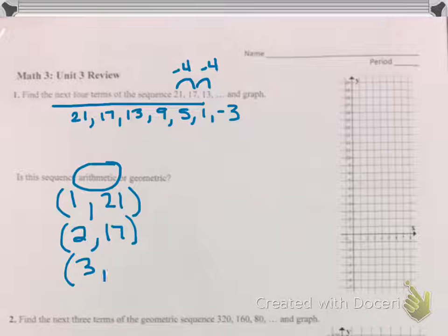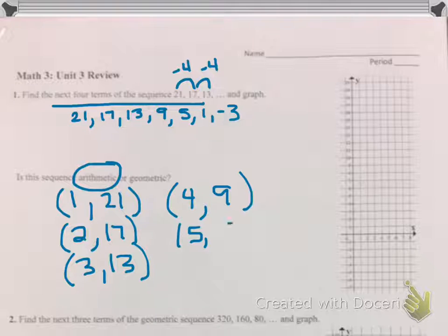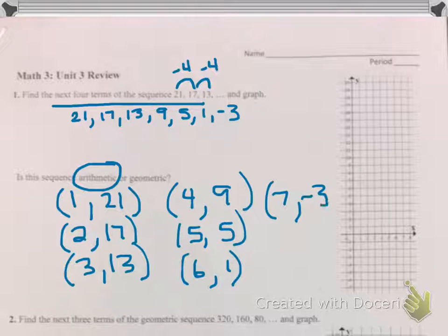You have your third term, whose value was 13. Your fourth term, whose value was 9. Your fifth term, whose value was 5. Your sixth term, whose value was 1. And your seventh term, whose value was -3.